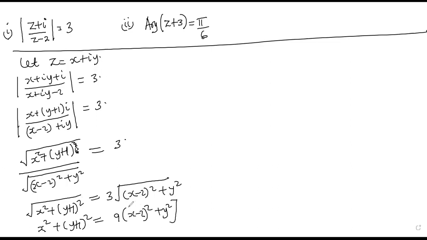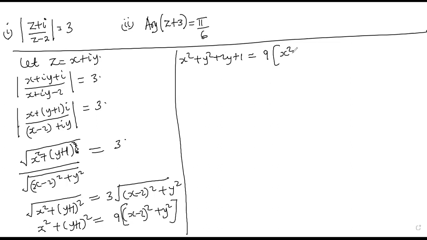But that 9 is affecting everything because we squared both sides. So this one will come to x squared plus y squared plus 2y plus 1 is equal to 9 into x squared minus 4x plus 4, then plus y squared.